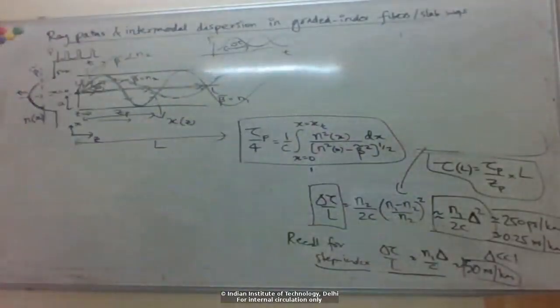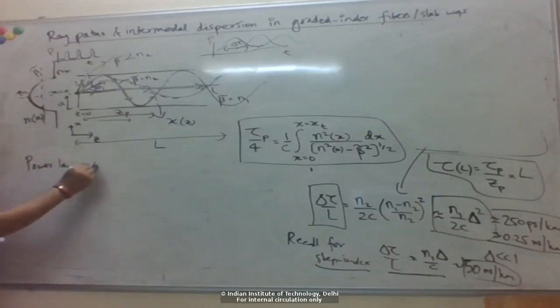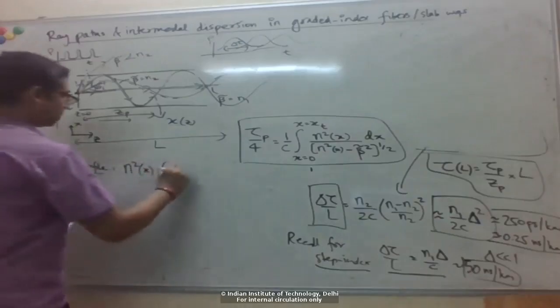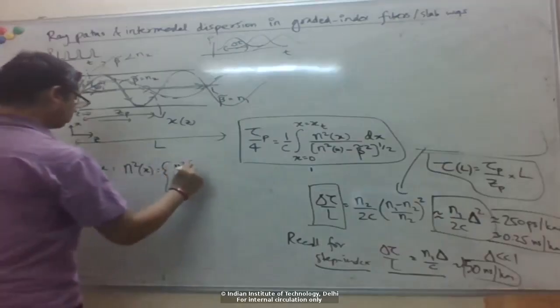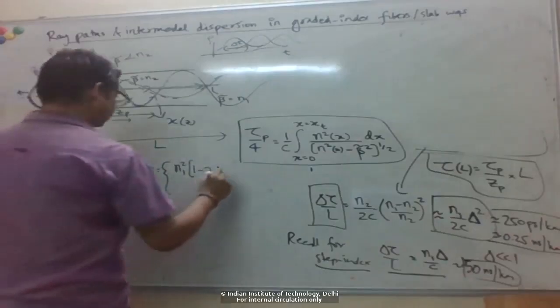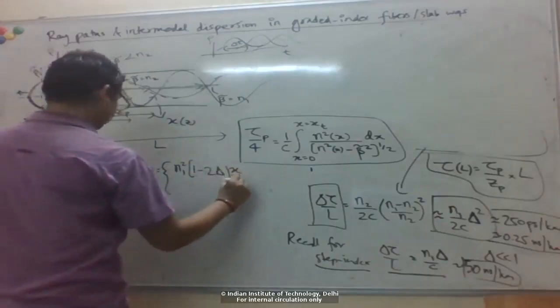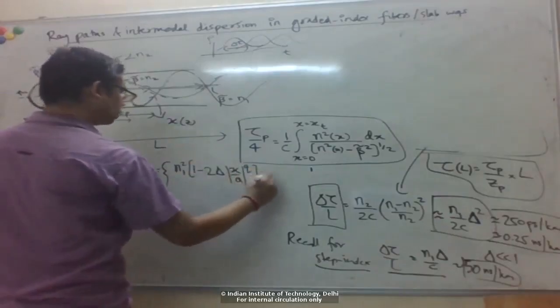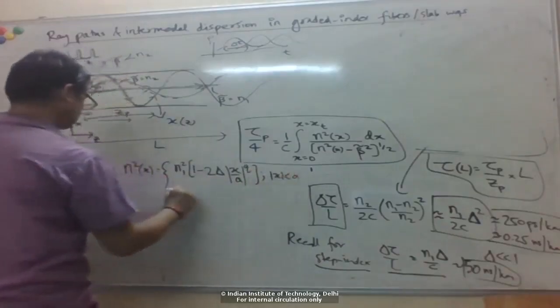In general, I could have a power law index profile, so n square of x varies in the same form, but now the power of x here is some q.